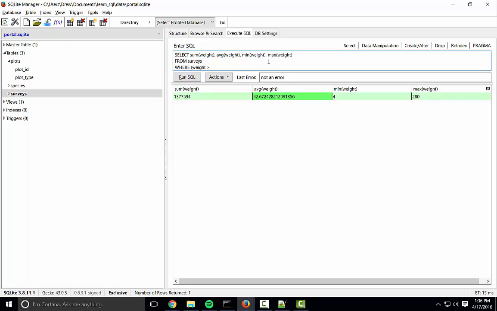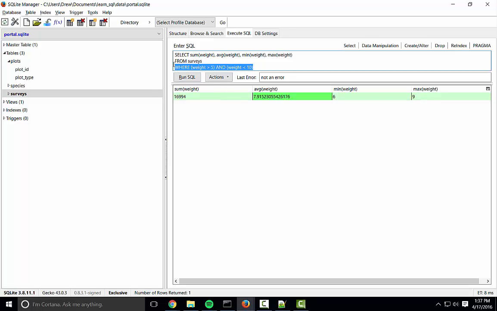Weight bigger than 5 and weight less than 10. I'm not 100% sure if this is going to work, but let's try it out and see. Yeah, there we go. So much smaller numbers, and the minimum is between 6 and 9. So it worked perfectly.